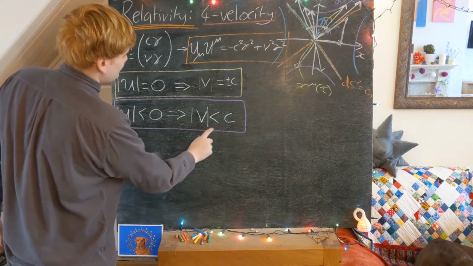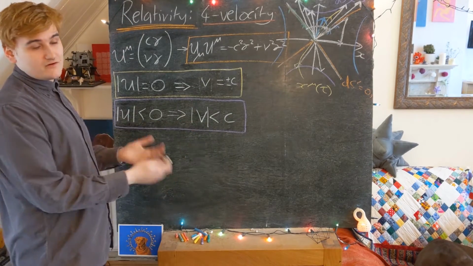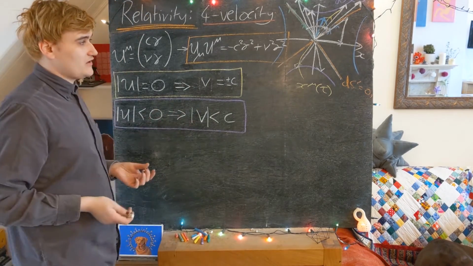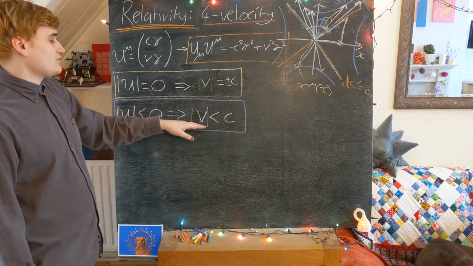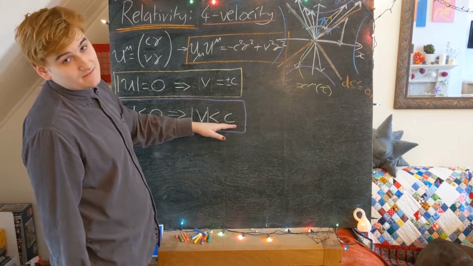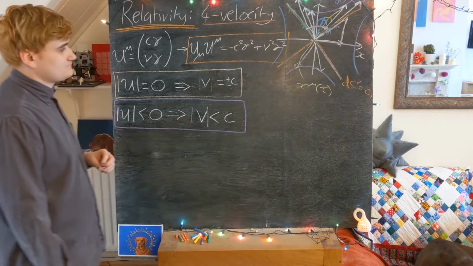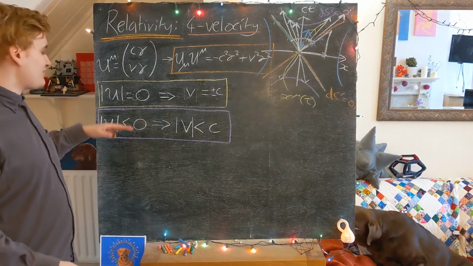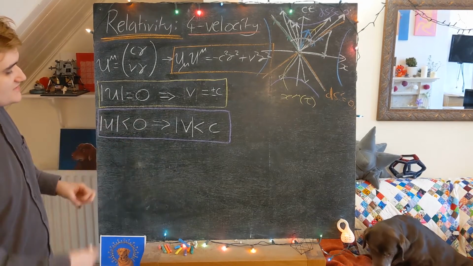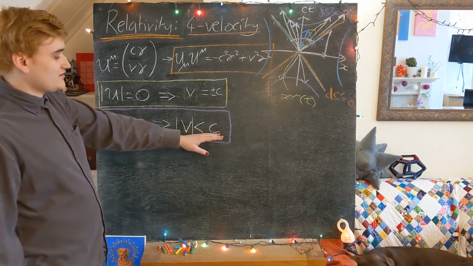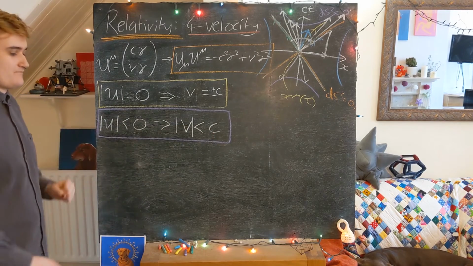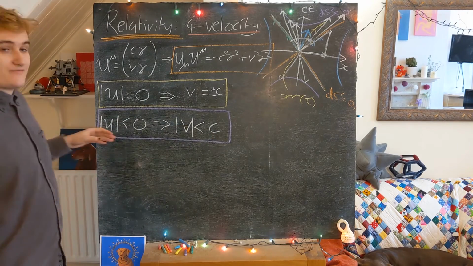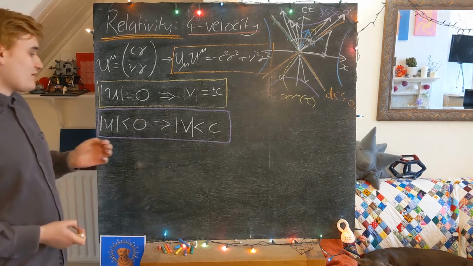And as we saw that this space component corresponds to the coordinate velocity, this is now effectively constraining our coordinate velocity to always be less than c. So just by looking at the space-time length of forward velocity, we've completely constrained the coordinate velocity to be less than c. We're going to see the significance of this in much more detail in upcoming videos.